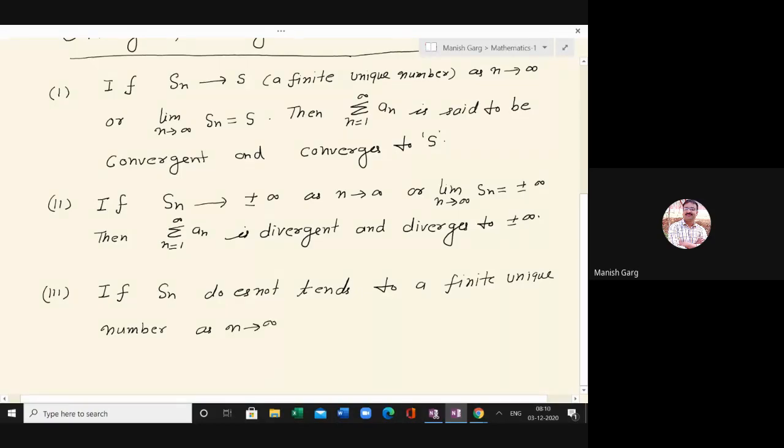Sometimes it is coming A, sometimes it is coming B, like minus 1 to the power n. If you take this series, then this series summation n equal to 1 to infinity a_n is said to be an oscillatory series.